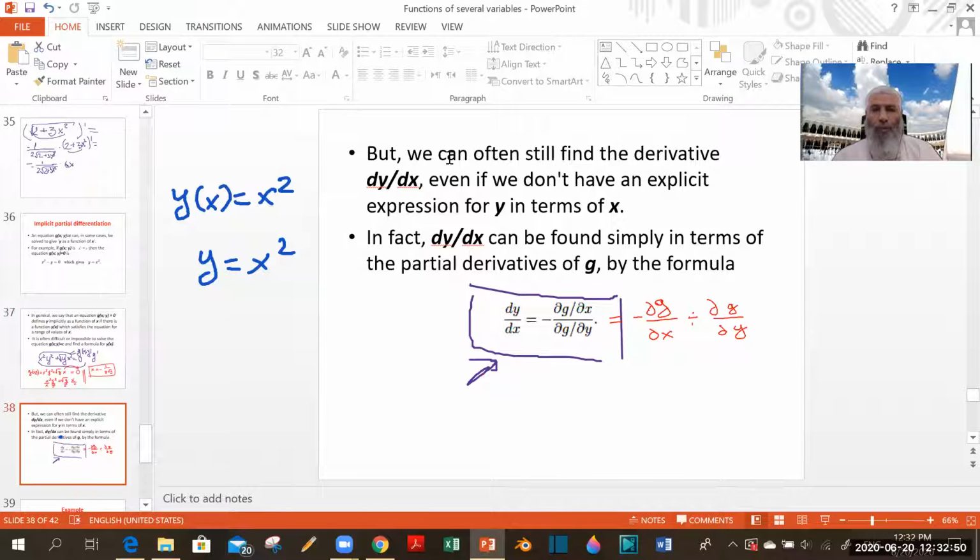But we can often still find the derivative dy dx even if we don't have an explicit expression for y in terms of x. In fact, dy dx can be found simply in terms of the partial derivatives of g by the formula dy dx equals minus dg dx divided by dg dy.